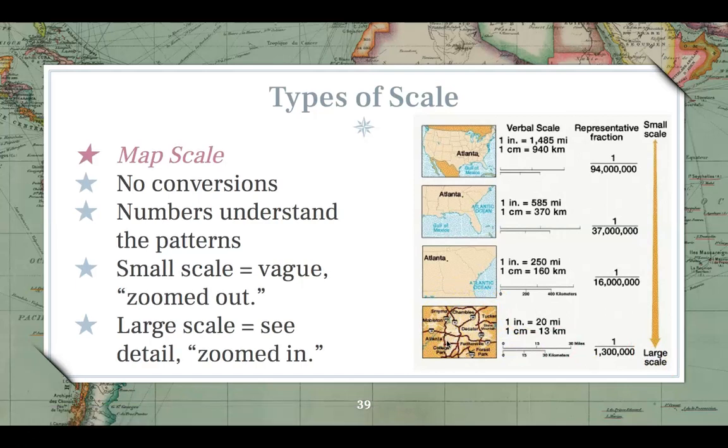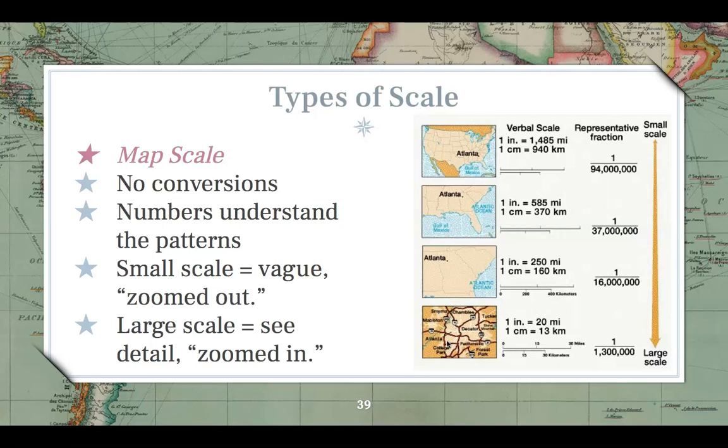And the way that you can associate that is to understand that it's a small scale because it's vague. You're not getting a lot of detail, right? I can see the country of the United States in that top map. It's showing me the state outlines, but that's all I'm really getting from it.